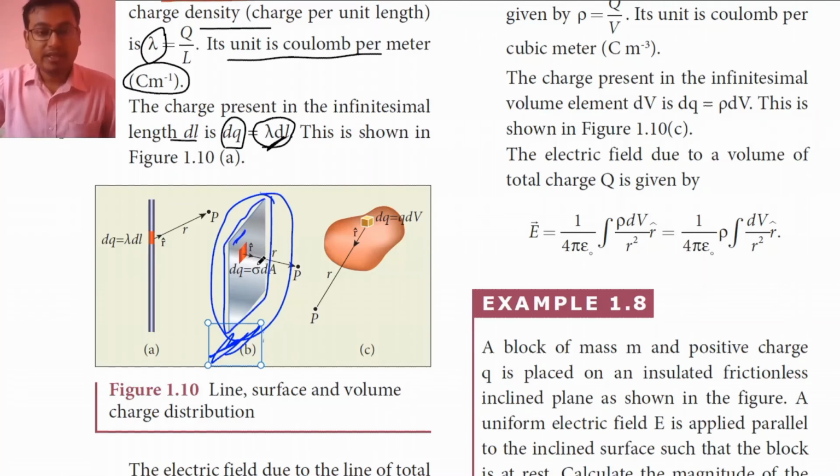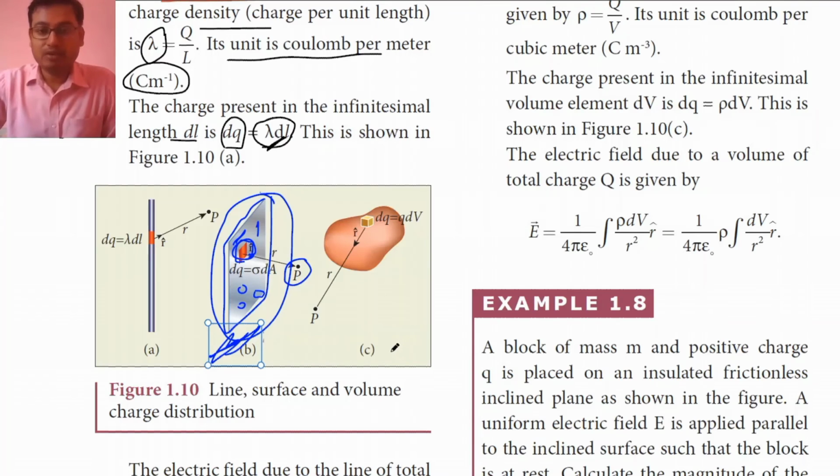Then we take a very small region, which is considered a charge particle, and at point P we try to find the electric field because of this charge particle. If we divide the total surface into very small charge particles, we find the electric field because of all of them at point P, and lastly we add them vectorially. In that situation we can find the total electric field because of this surface.